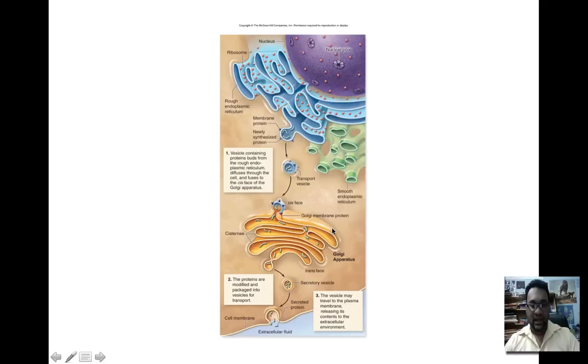Now, the Golgi apparatus has a cis phase and a trans phase. In the cis phase is where you'll be accepting transport vesicles from the rough ER. They will bind with the Golgi apparatus, where certain signals will be placed on them and they'll be modified as well, so that they'll know the proper destination.